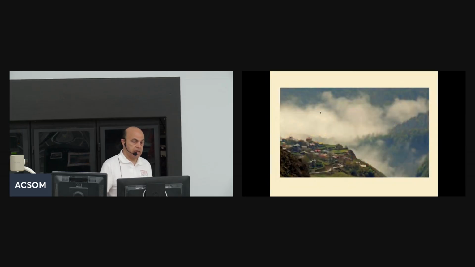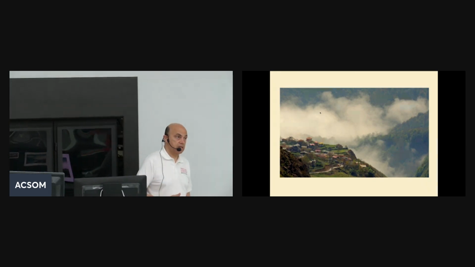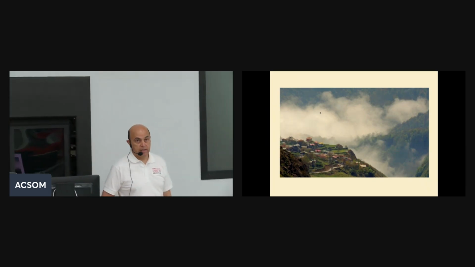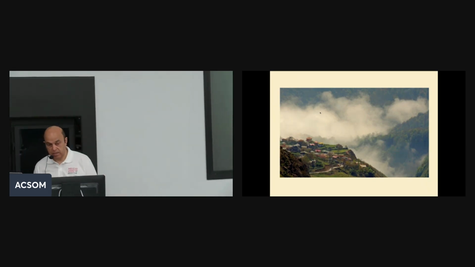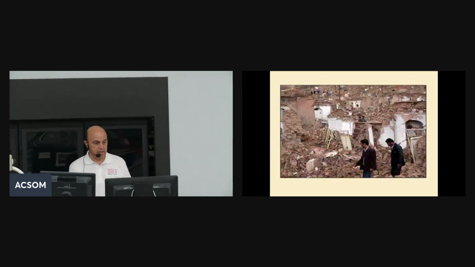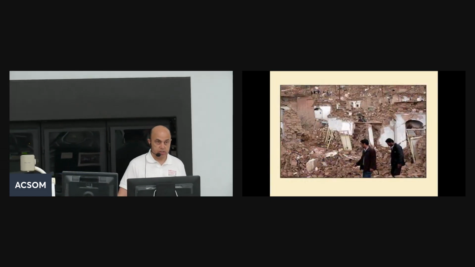This is the area before the earthquake, a very green area, and after that earthquake everything changed to completely brown.